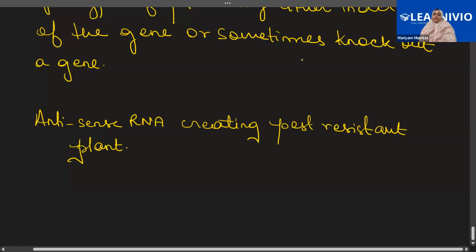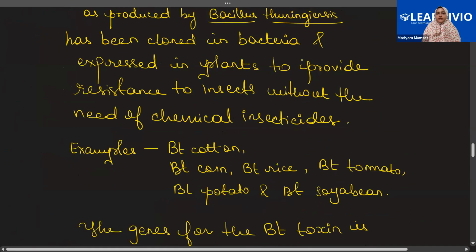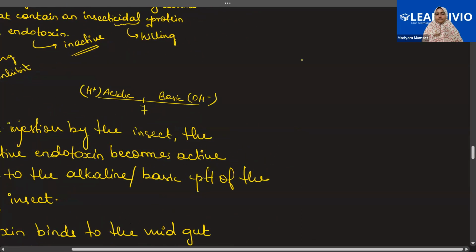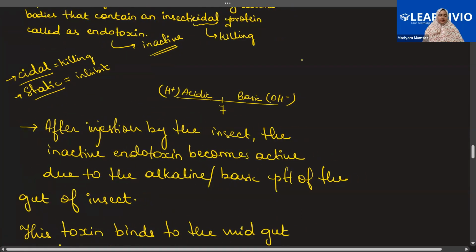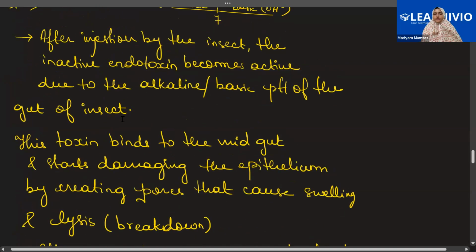So first note down till here, then we'll move forward. What is the last thing you have written? We wrote till: forms intercellular crystalline bodies that contain an insecticidal protein called endotoxin.